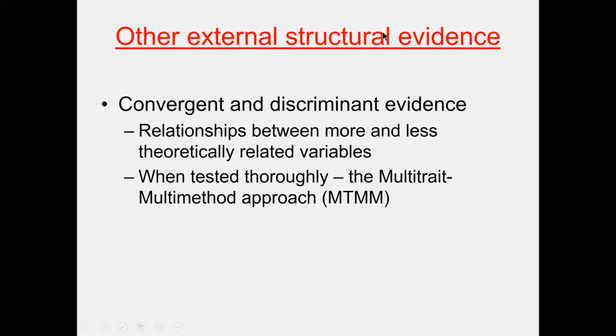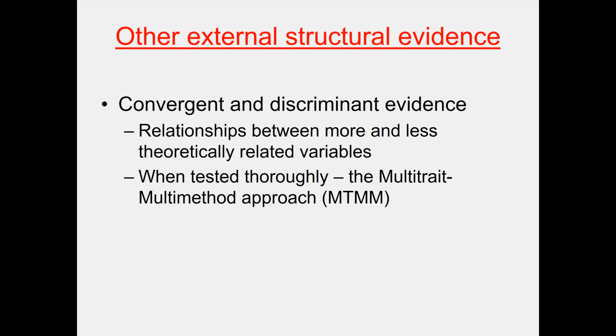Other external structural evidence can be done without a criterion variable. The term criterion validity isn't used so much in contemporary test theory or validation theory. It's just called external structural evidence in general. And criterion is part of it. And so are convergent and discriminant sources of evidence.